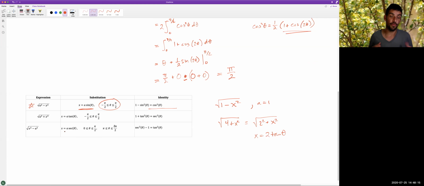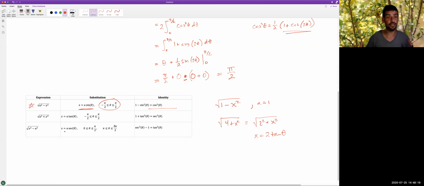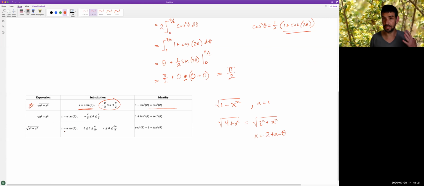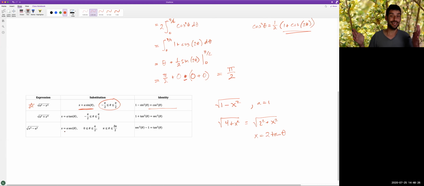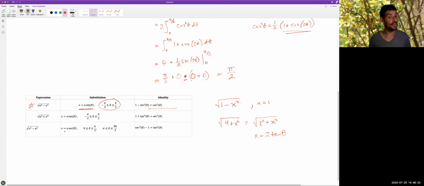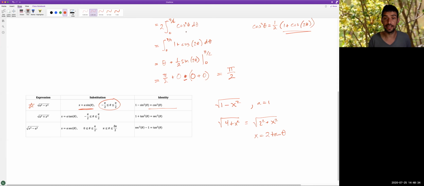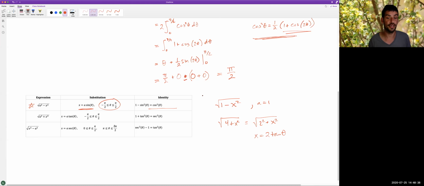So they're different identities, different substitutions, but it's going to be a very similar idea. You have a bunch of trig functions floating around. There'll be some cancellations, some things that combine, and then we typically end up with something like we had in the previous videos, where we have powers of sines and cosines, secants and tangents, and then we use some of those tricks. Like in this case, we ended up with a cosine squared, and we used this nice identity here.